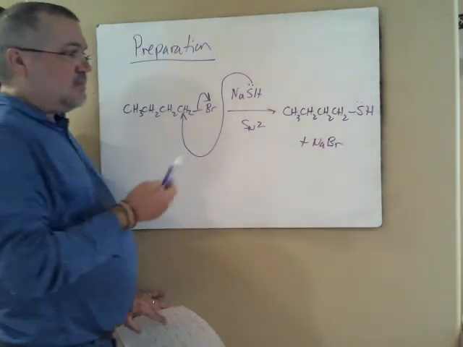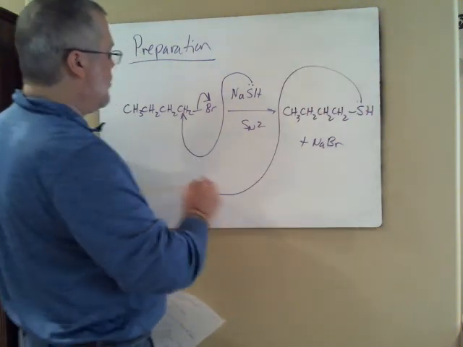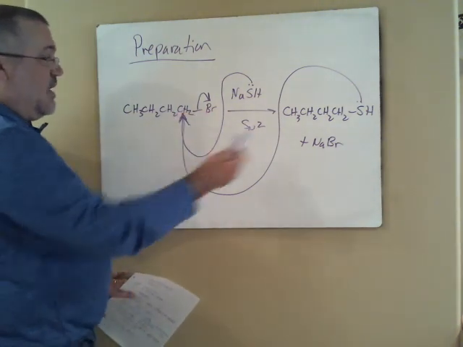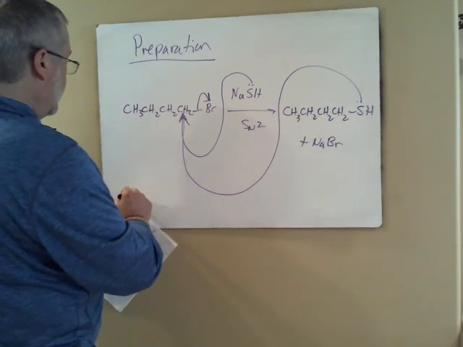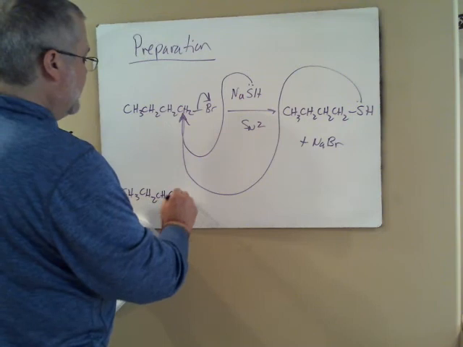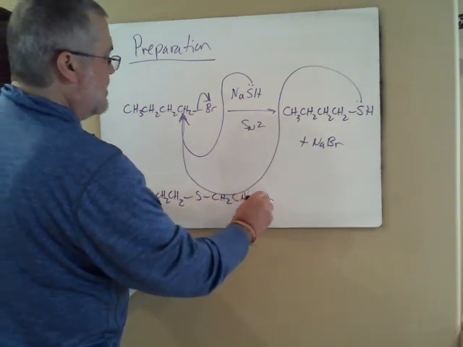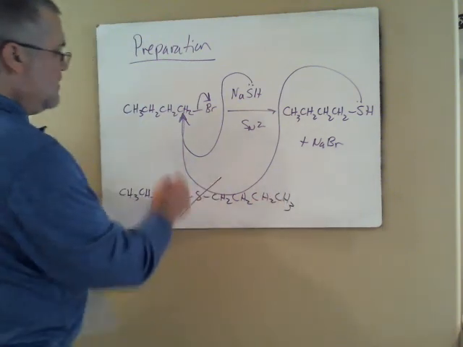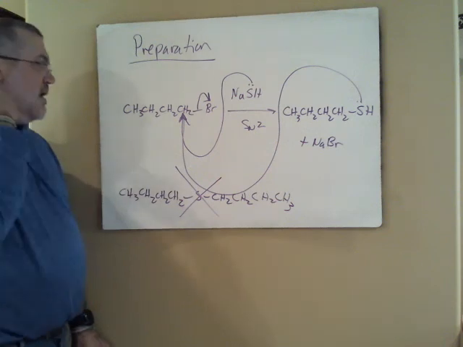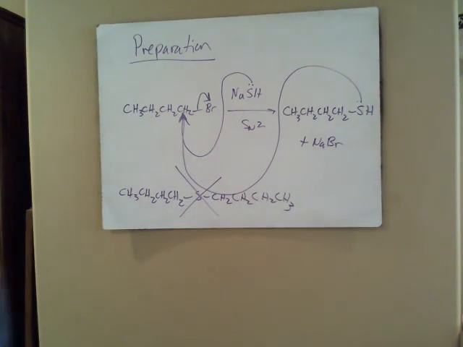Sulfur is very nucleophilic. So this could come back and react with another molecule of starting material. And if it did that, you would end up forming the sulfide. That happens enough where it actually makes this reaction kind of low yielding, because you don't want that to happen if you're forming a thiol. So this reaction doesn't work very well, but there is a better one.